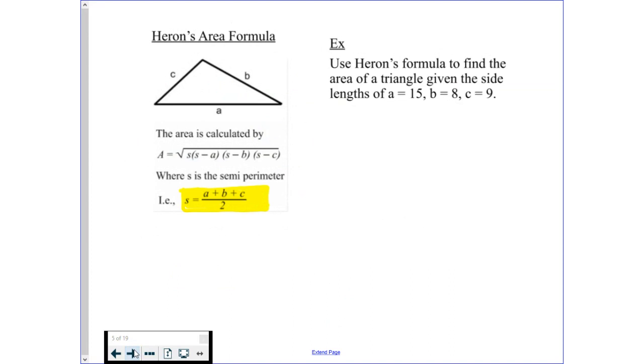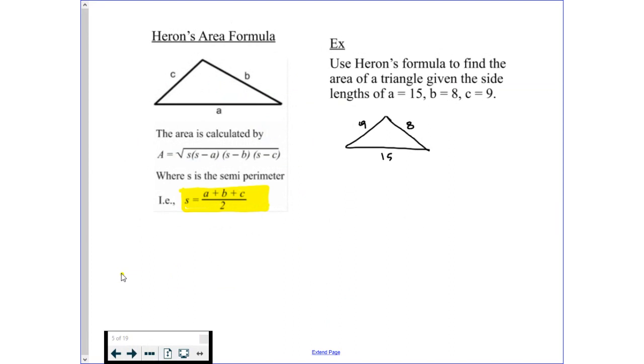And that gives you the area of the triangle. So now I want to try this. Find the area of the triangle where A is 15, B is 8, C is 9. Use the formula.